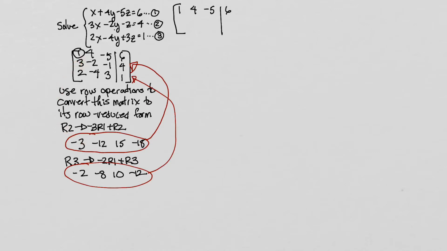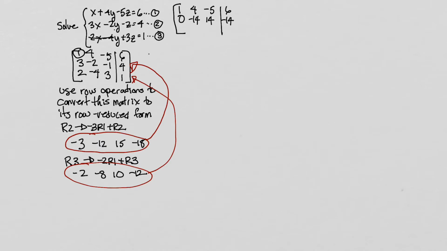So 3 minus 3 is 0. -2 and -12, -14. -1 and 15 is +14. And then 4 and -18 is -14.